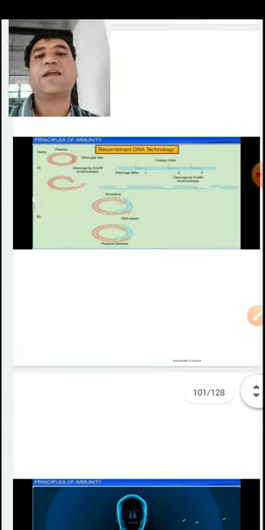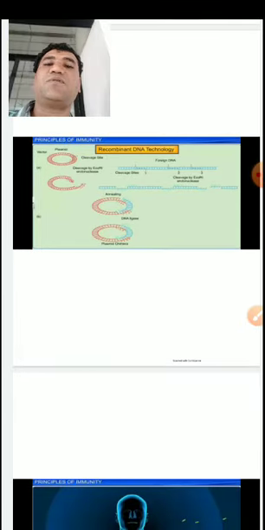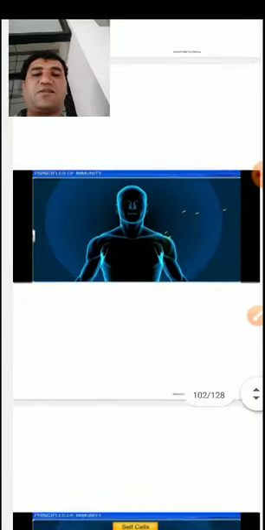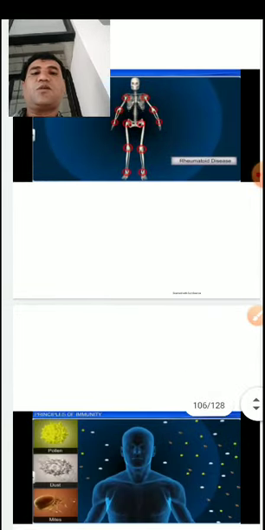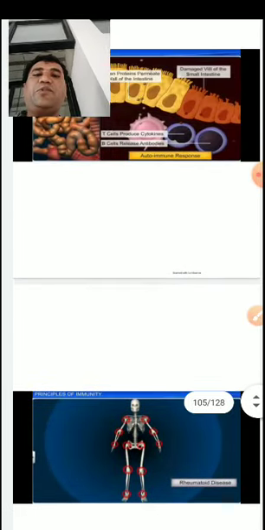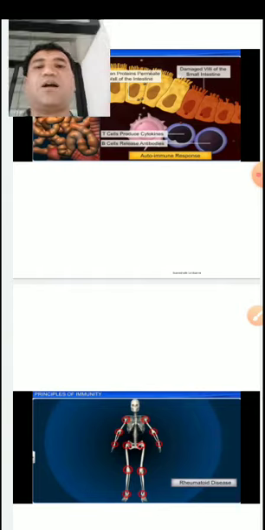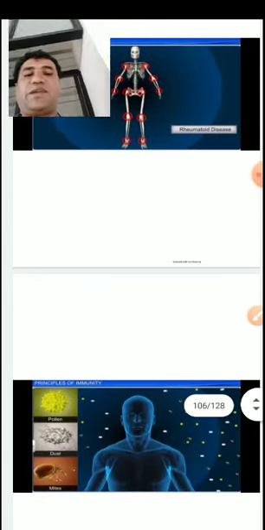Nowadays recombinant DNA technology is used, where we are getting vaccines for malaria and certain other diseases. One of the autoimmune diseases are rheumatoid arthritis and psoriasis.